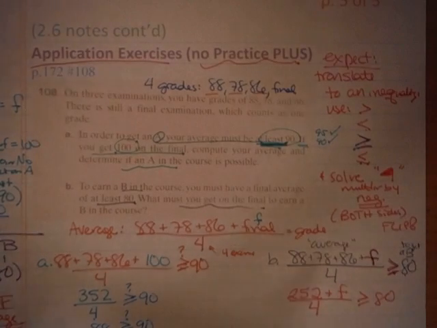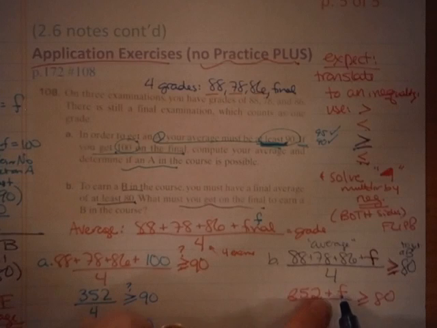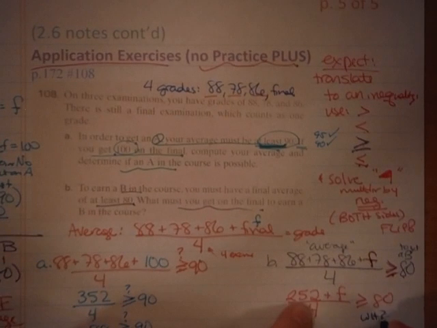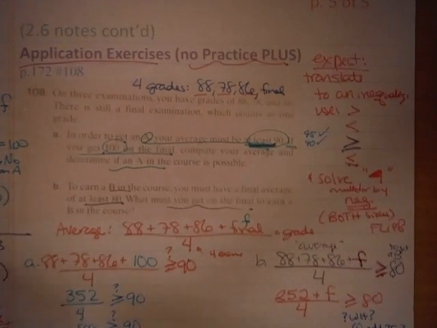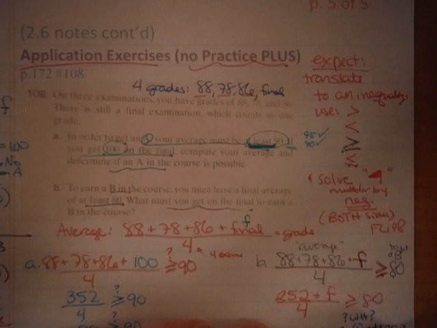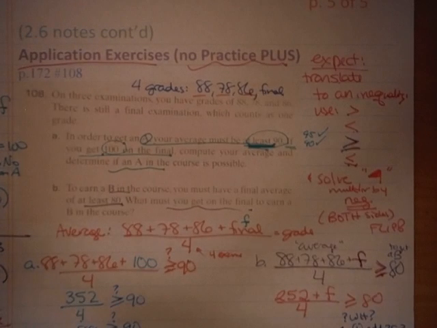Now we ask ourselves, what is happening to F? The first thing is that you add 252 to it. The second thing is that you divide by 4. If you were to write this as a timeline, you'd start with F and you'd add 252 and then you divide by 4. And then we're going to reverse that to undo it. We're going to go up the list and reverse that order.